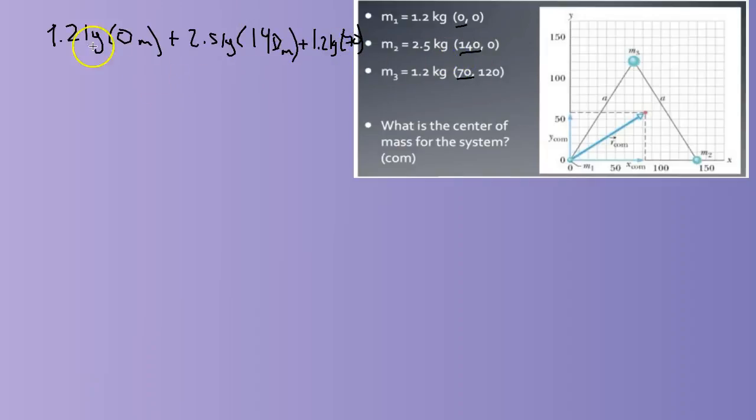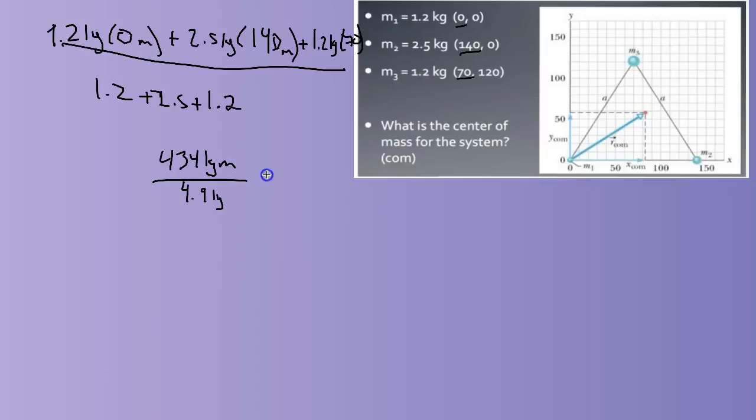We divide that by 1.2 plus 2.5 plus 1.2, and we work it out. We get about 88.6 meters for our center of mass. That was the center of mass for x. Now this center of mass is going to have an x and a y coordinate because it's in two dimensions. So that would be our x coordinate.